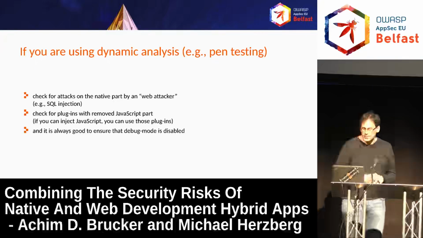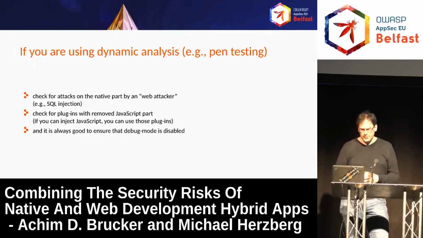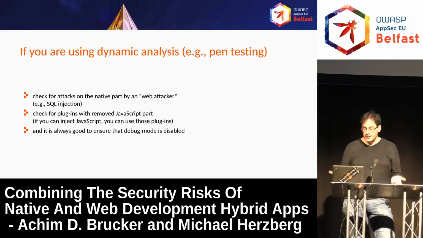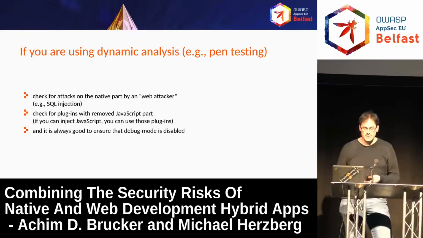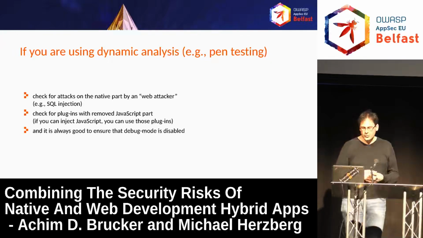Also, check for plugins in your applications that might only be shipping the native part because the developer thought that removing the JavaScript part of a plugin that provides the JavaScript interfaces already is sufficient for disabling a plugin. That's actually not true.